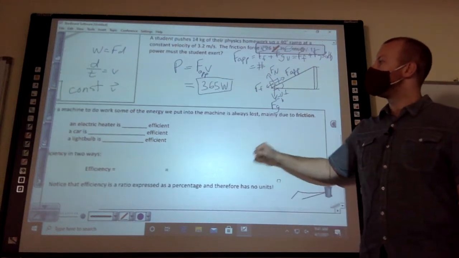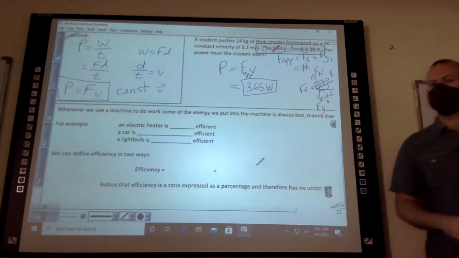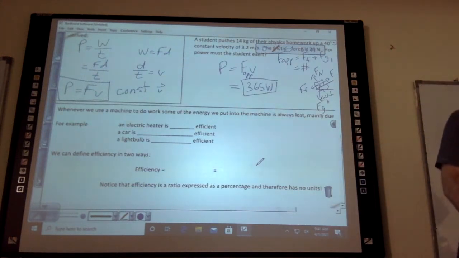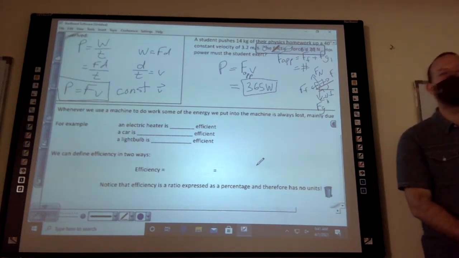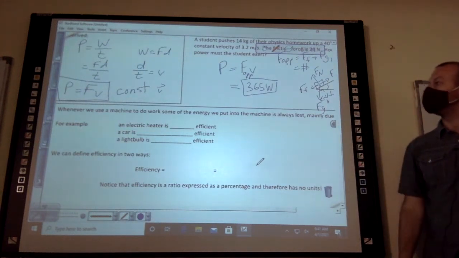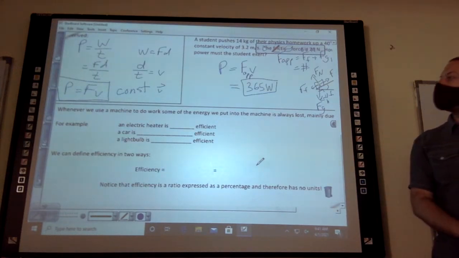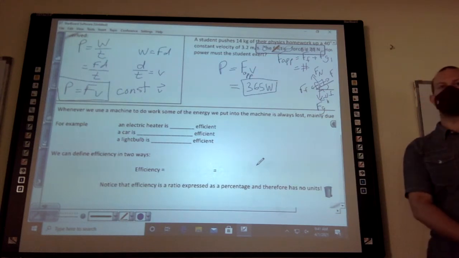Okay. So next we move on to efficiency, which again should be familiar from last year. Whenever we're talking about machines, remember machines can be many different things. This ramp is a machine from a physics standpoint, not in that it has some sort of moving parts to it. But anytime we do work with a machine, we always lose energy.